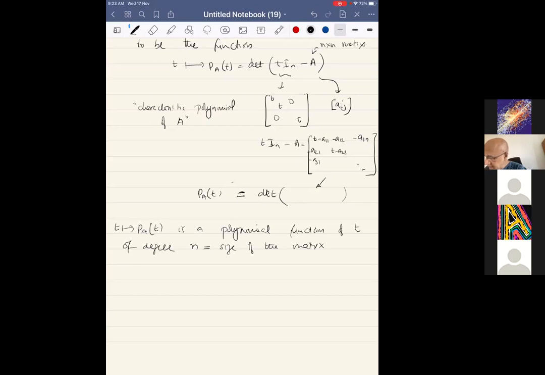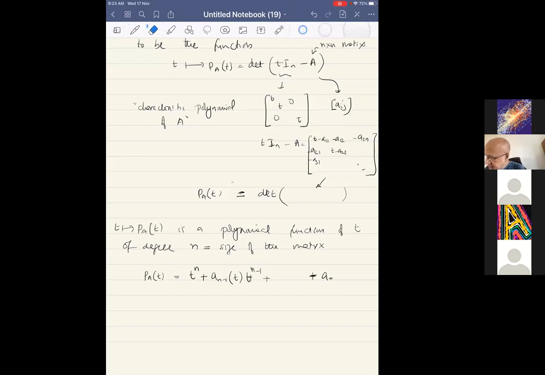Okay. So, in fact, for p_A(t), the coefficient of the top power is t to the n, and then the constant term is a_0.